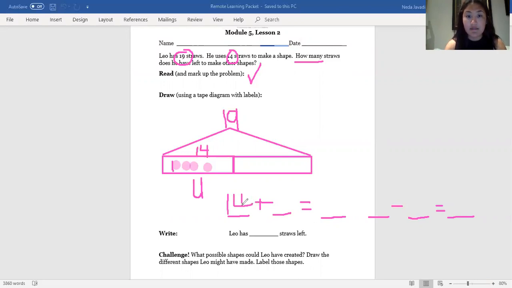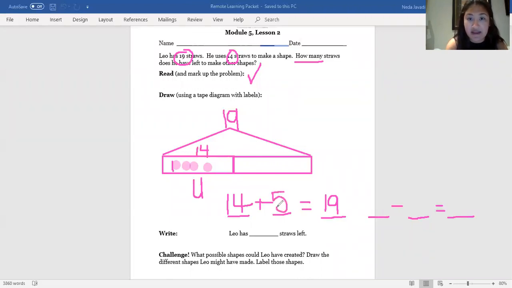We're missing a part, so we're going to leave that one blank, and our total is 19. If we're going to solve using an addition number sentence, that means we need to grab 14 and count on to 19. Let's do it together. Get ready, go. 14, 15, 16, 17, 18, 19. That means that Leo has 5 straws left to make shapes.